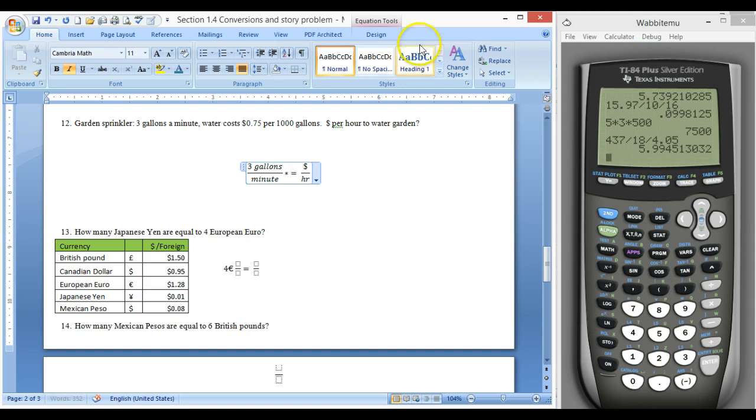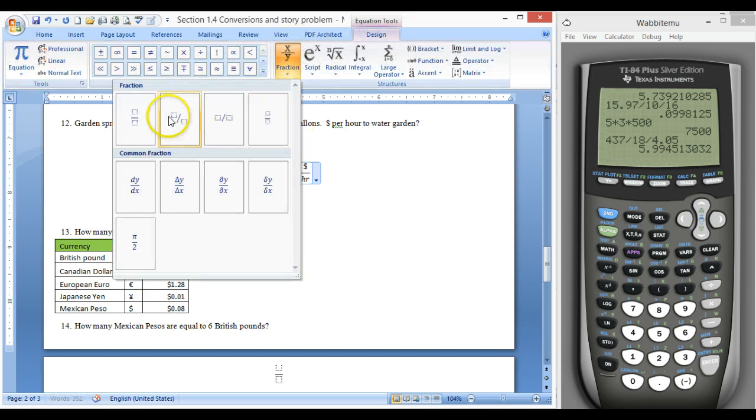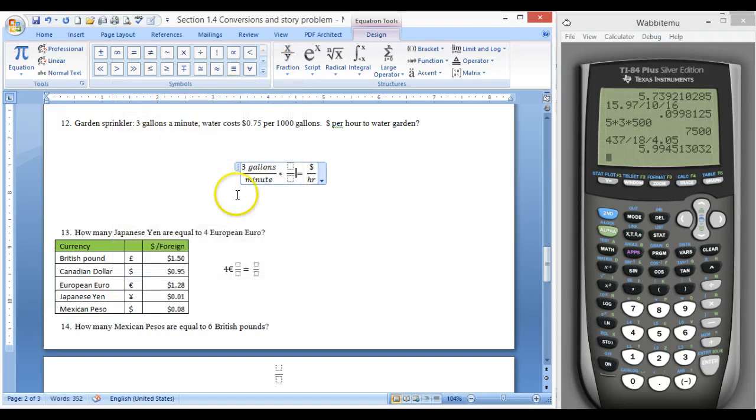Okay, so now I'm going to multiply that by a fraction here, and I want to change minutes to hours. So I'm going to replace this with minute on the top and hour on the bottom. And I know 1 hour is 60 minutes. There we go.